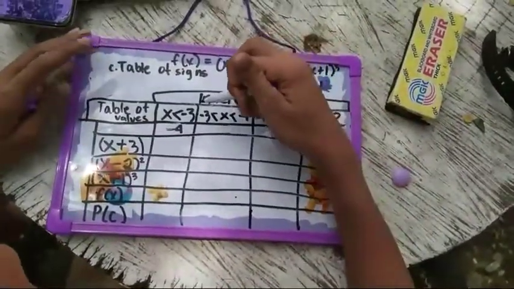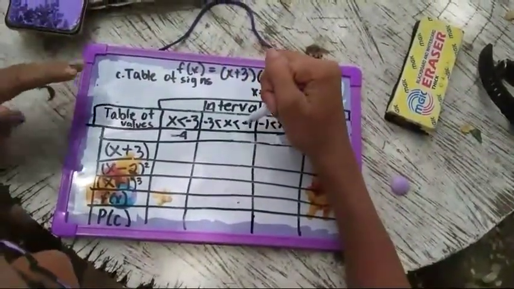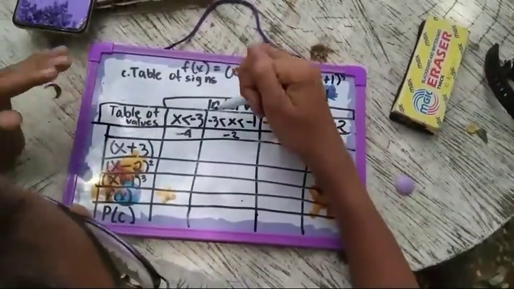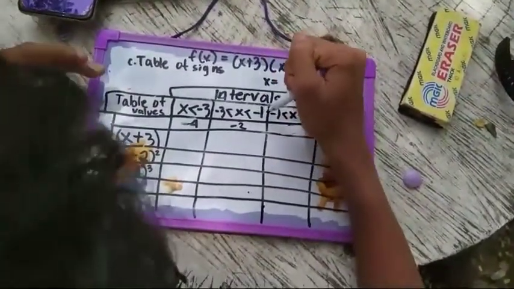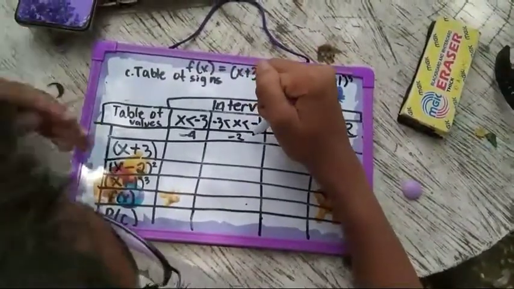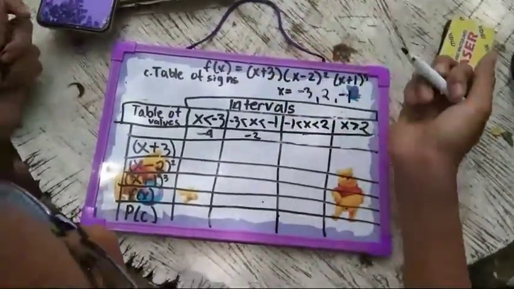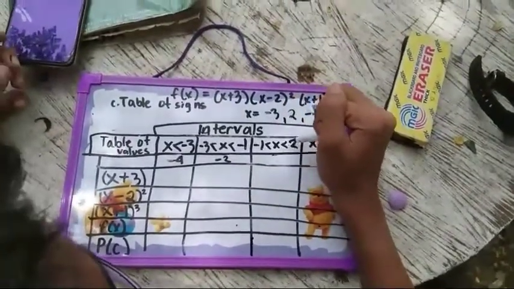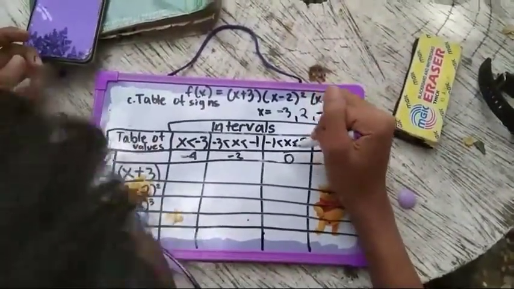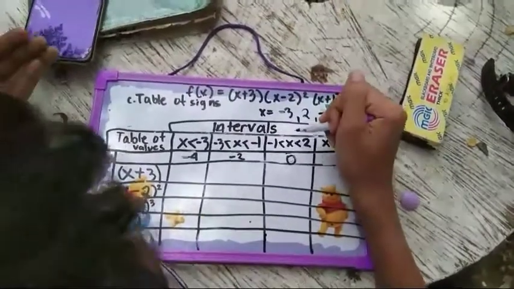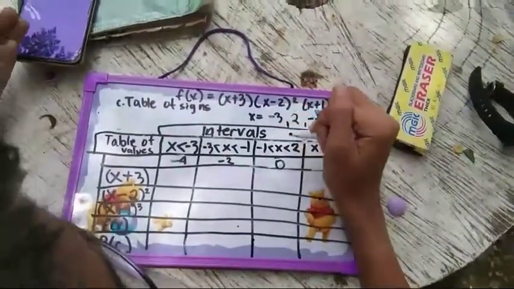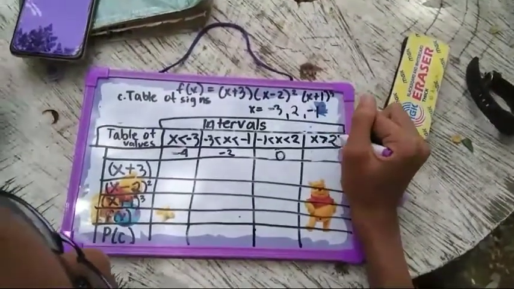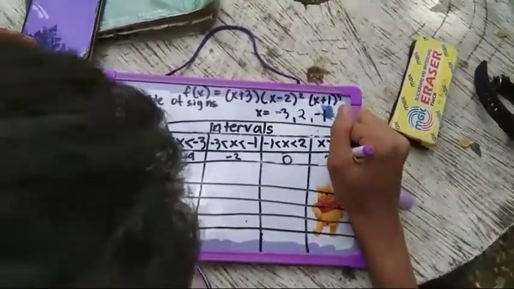For x greater than negative 3 but less than negative 1, negative 2 fits, so we use negative 2 as our next test value. Next interval, x greater than negative 1 but less than 2, so 0 can be our test value. And a number that is greater than 2 is 3.